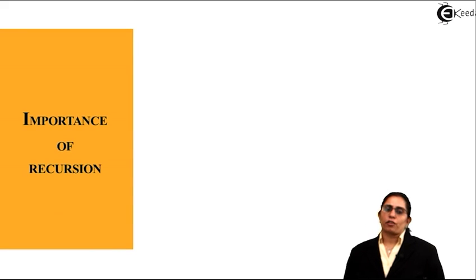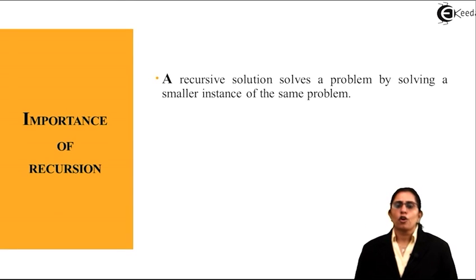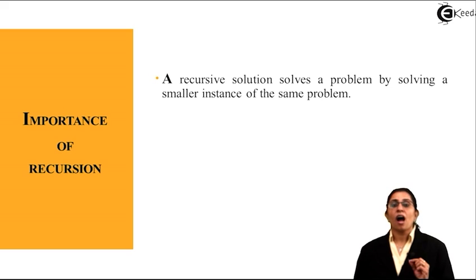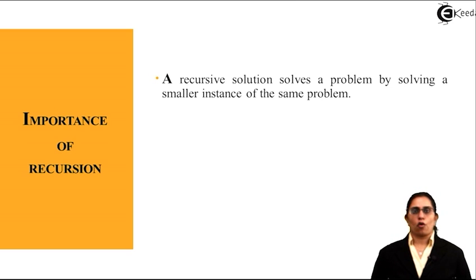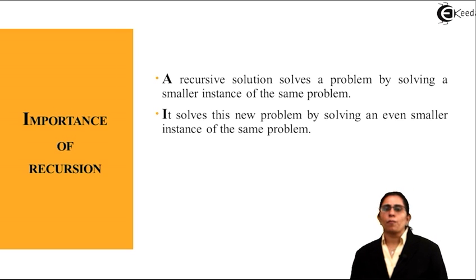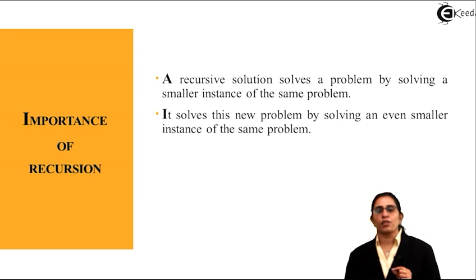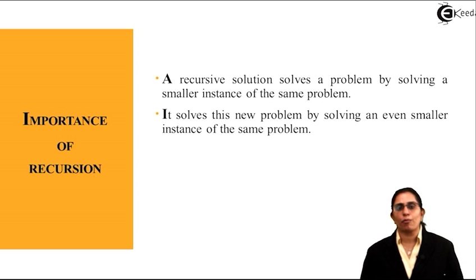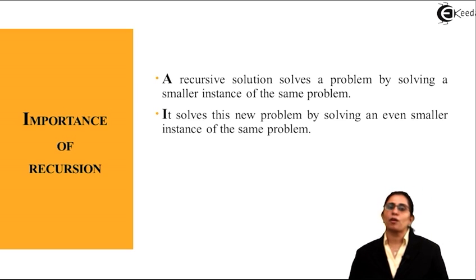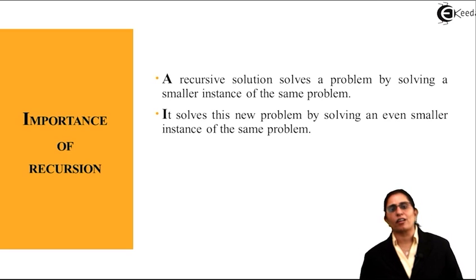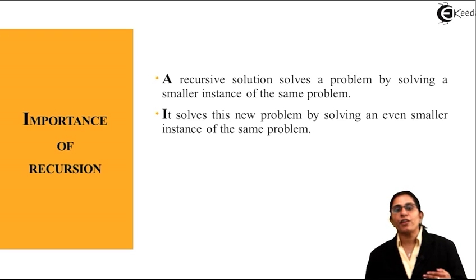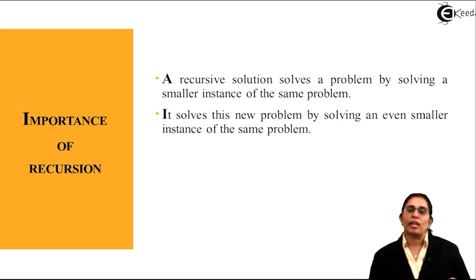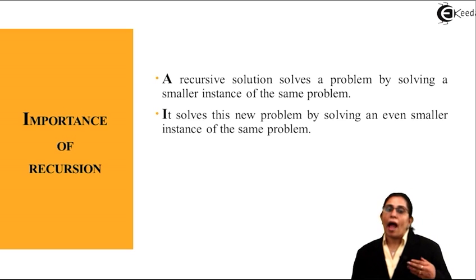Now what is the importance of recursion? A recursive solution solves a problem by solving a smaller instance of the same problem. That is, I have smaller bits which need to be solved. It solves this new problem by solving an even smaller instance of the same problem. As we saw in the 5 factorial problem, as we were reducing the bits, from 5 factorial, 4 factorial, 3 factorial, 2 factorial, 1 factorial, at every smaller instance the recursion was working perfectly and every instance was getting smaller.